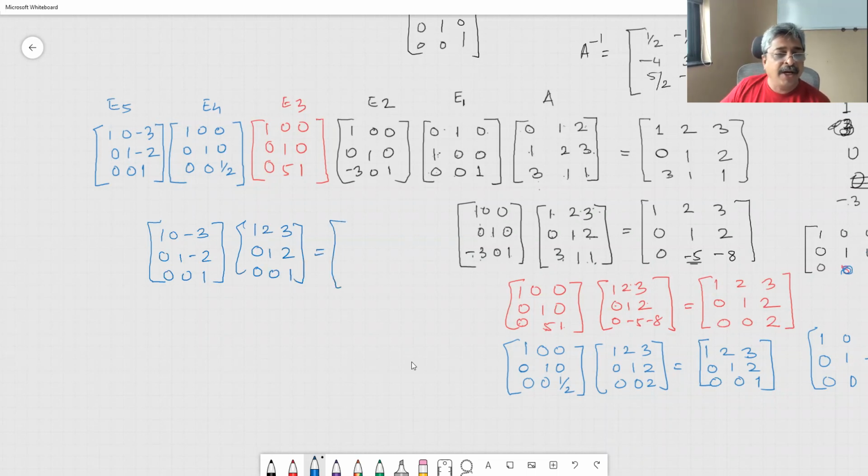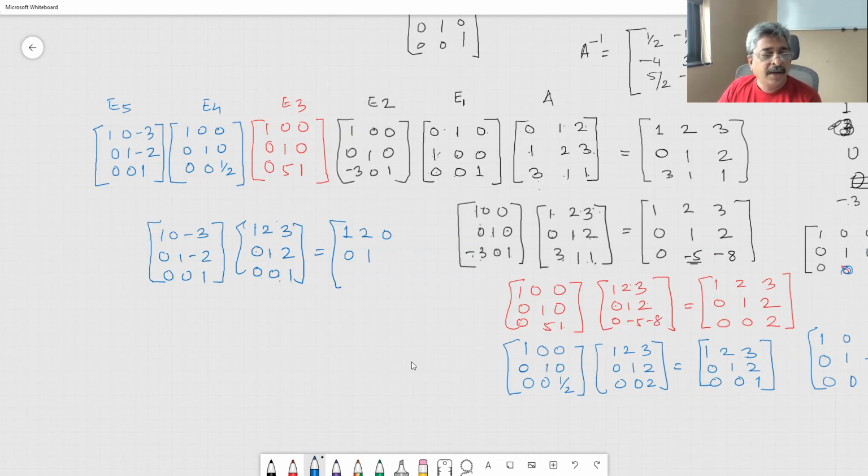What is the answer that we get? 1 into 1 is 1, 0, 0. First number is 1. 1 into 2 is 2, 0, 0. That is 2. Now third entry 3, 0 minus 3 is 0, 0 0 0, 2 1 0.